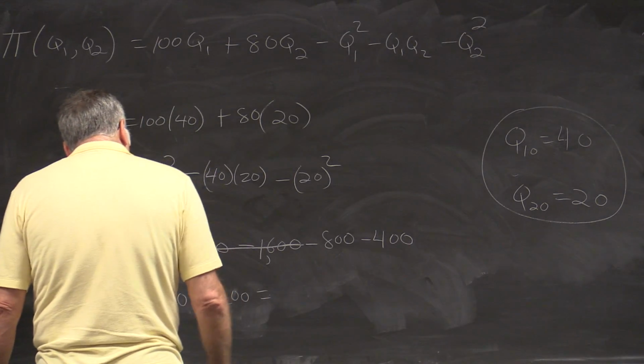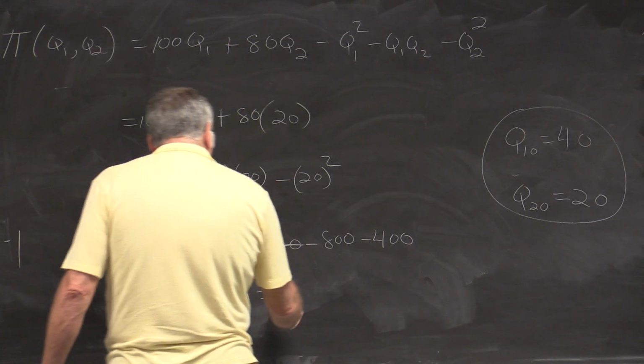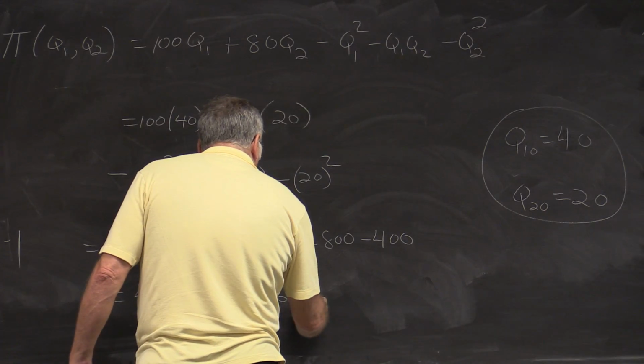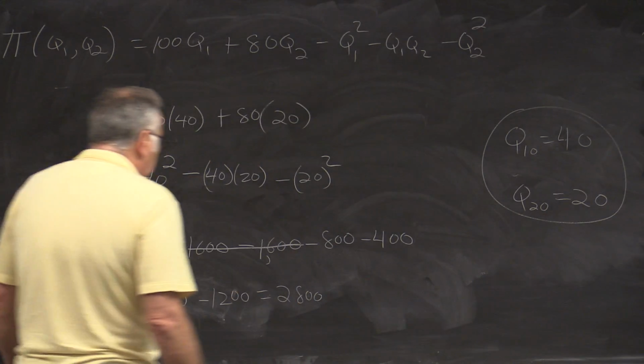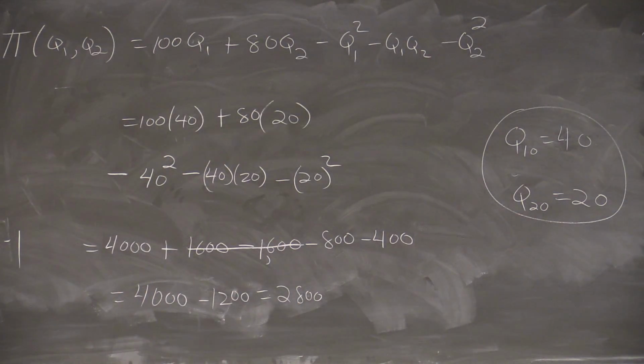Which would be equal to 2,800. So that will be the top of our profit. We get $2,800 in profit by producing 40 units of good one, 20 units of good two. And that would give us the maximum profit. The top of the profit hill has a height of 2,800.